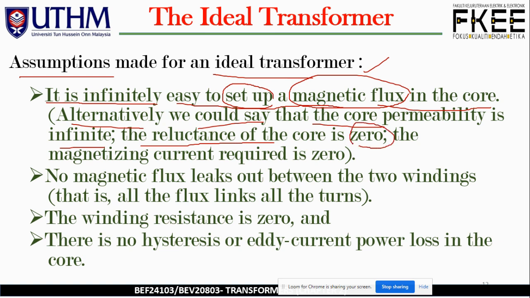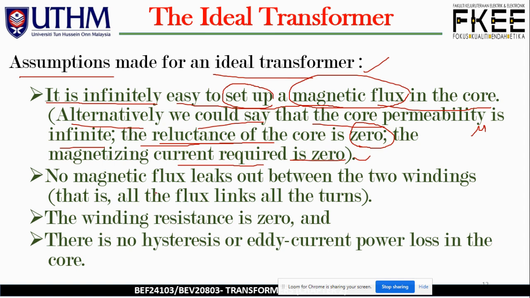So the lower the value of reluctance, the higher the permeability to generate magnetic flux. So the magnetizing current required is zero. Since the core reluctance is zero, the magnetizing current required is also zero.